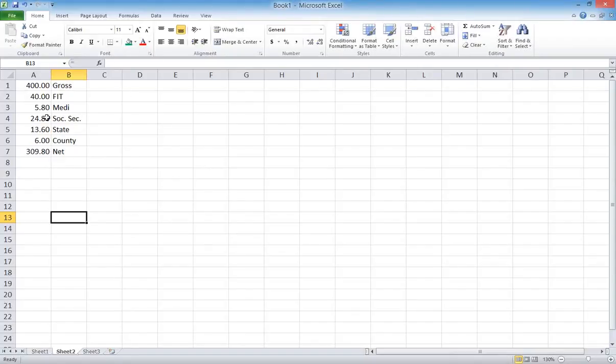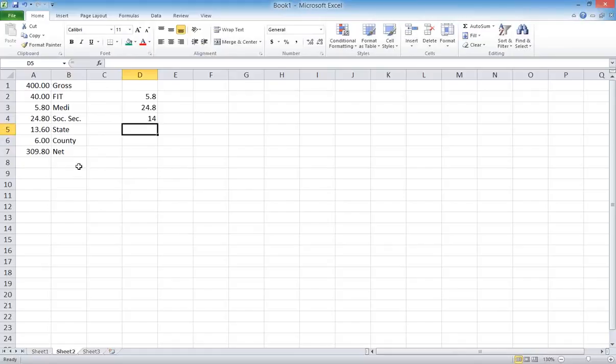So if your experience rate was 3.5%, say, if you had to pay 3.5% unemployment, then the company would have to add to the tax liabilities the $5.80, the $24.80, and the 400 times 0.035 for unemployment.